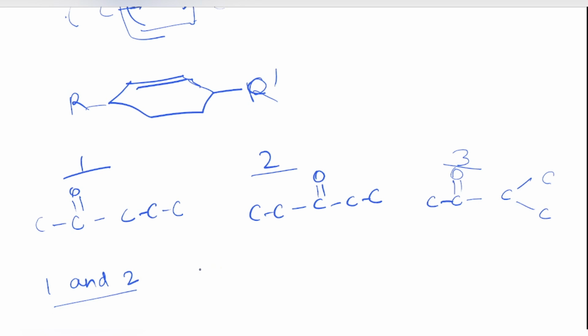So when we talk about 1 and 2, the number of carbon atoms on either side is changing. In 1 the number of carbon atoms is 1 and 3 on either side, and in 2 we have 2 carbon atoms on each side of the bivalent functional group. So they are showing meta-isomerism.